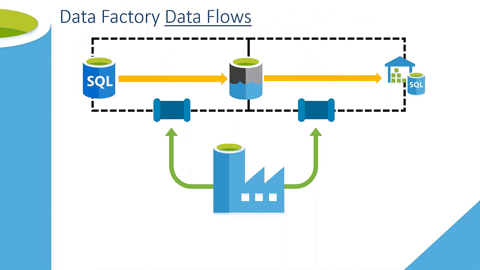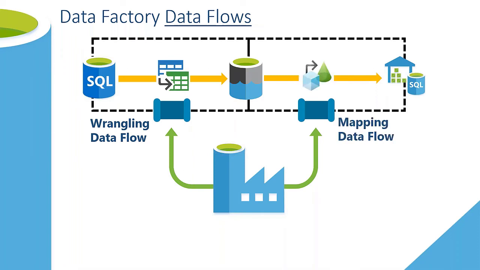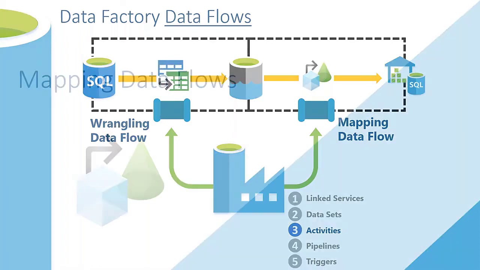What I want to now say is that we do also have data flow capabilities as well. In Data Factory, they take 2 different forms: firstly, a wrangling data flow, and secondly, a mapping data flow. And actually, these data flows form activities that we have within our Data Factory.